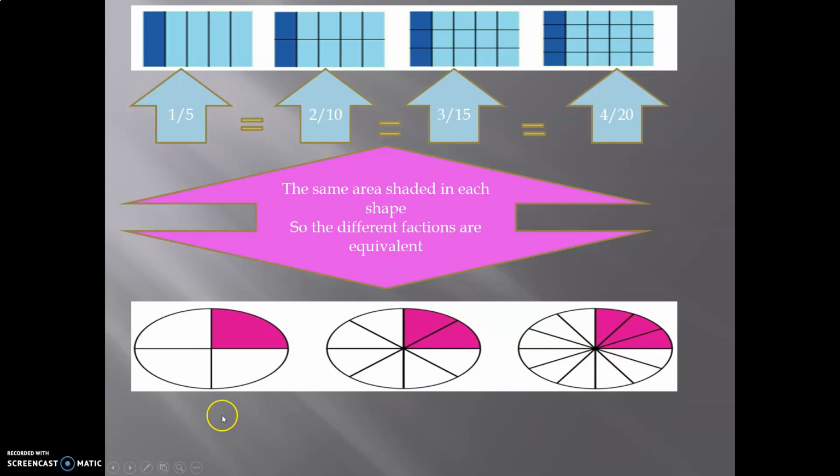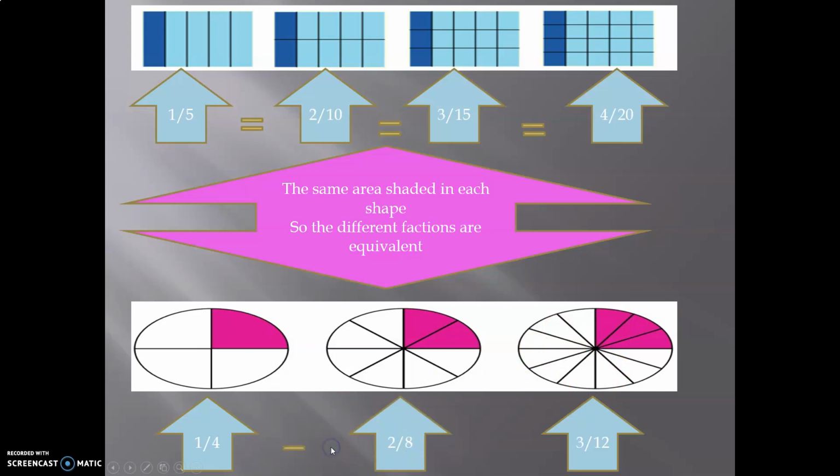So, do you think that they will have the same fraction? No, because the fraction is telling you the number of the total parts. So here we colored in pink 1 out of 4, and here we colored 3 out of the total 12, and here we colored 2 out of 8. These are equivalent fractions.